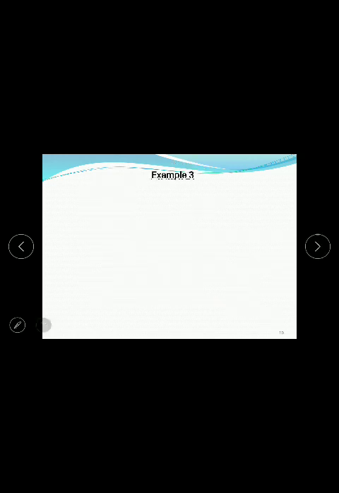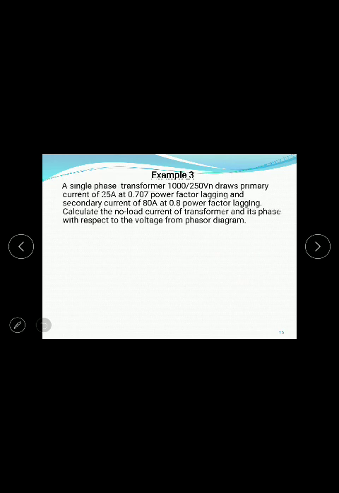And so next go for example 3. Here a single phase transformer 1000 by 250 volts draws primary current of 25 amps at 0.707 power factor lagging and secondary current of 80 amps at 0.8 power factor lagging.